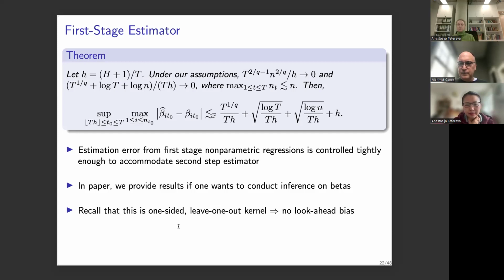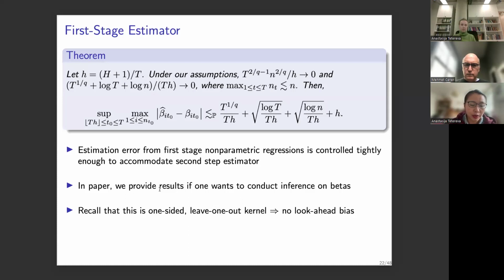Yeah. And so for the first stage estimator, we have some bounds uniformly over i and uniformly over t. We have to have some assumptions, and I will go through them briefly. This is not a surprising rate. It characterizes the estimation error from the first stage nonparametric regression, which is controlled tightly enough to accommodate the second step estimator.